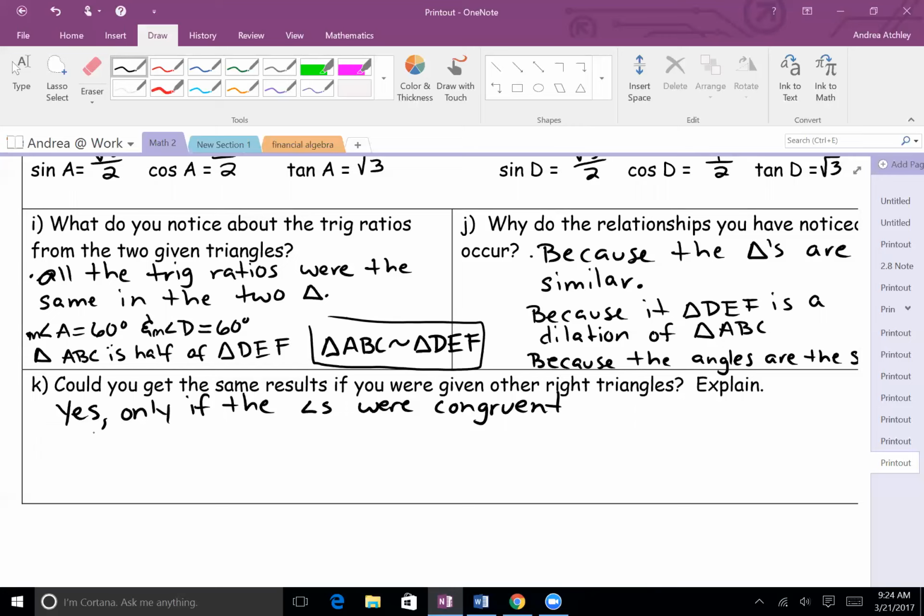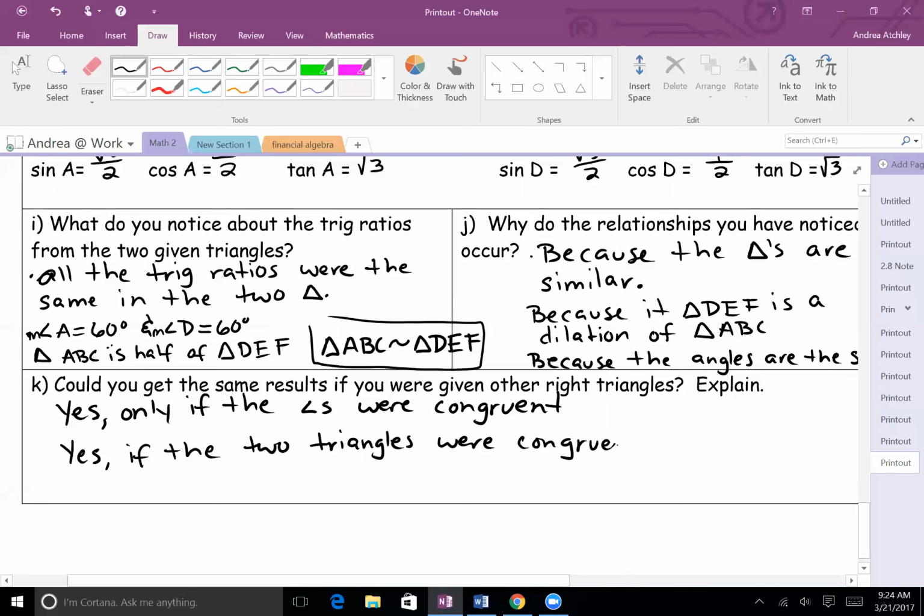What's another way of saying that same exact thing? Yeah, if they're similar. Very good. If the 2 triangles are similar, because if they're similar, then the angles are going to be congruent too. And you used the corresponding angles.